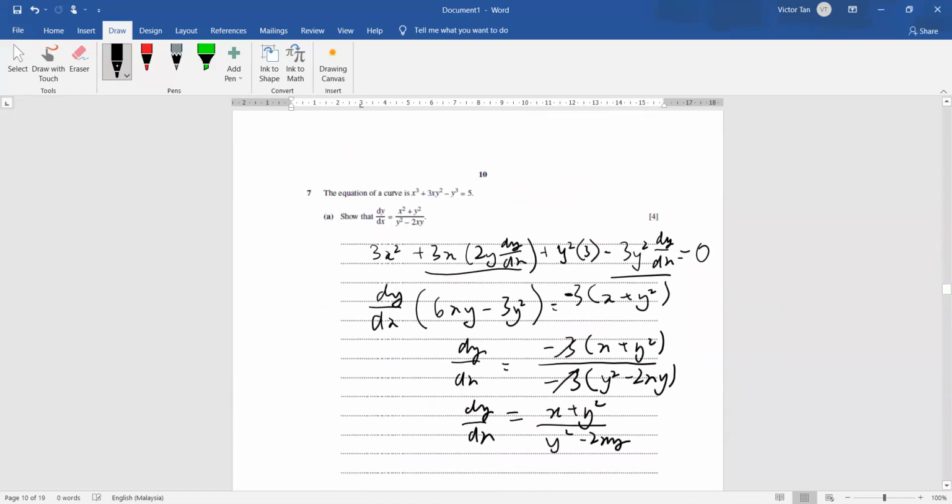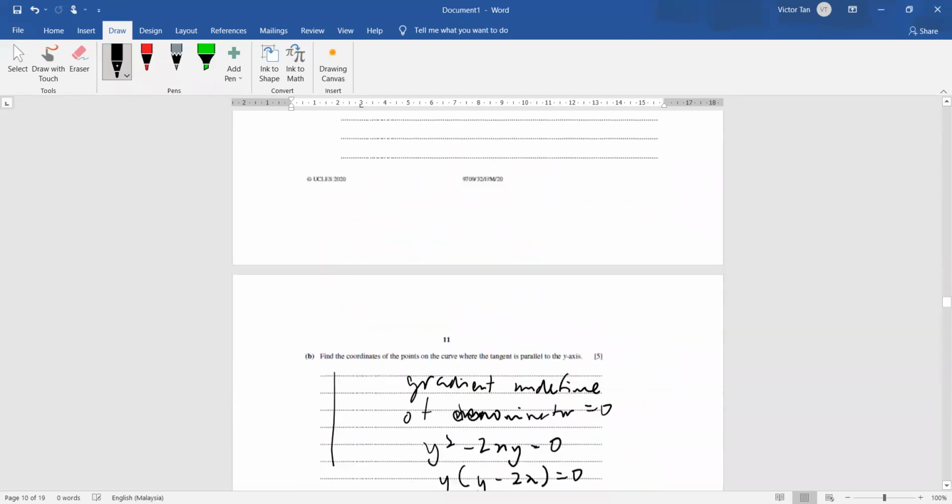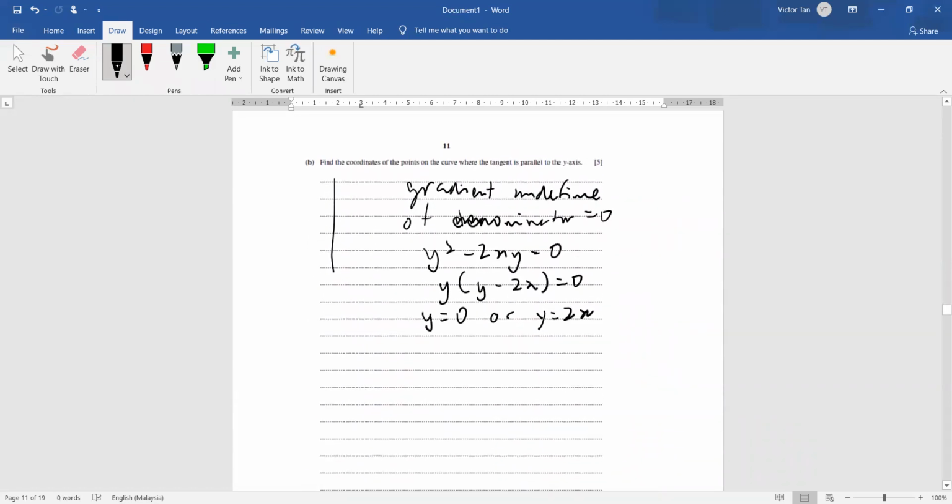Now let's look at y equals to 0 first. Substituting into the implicit function, you have x cubed equals to 5. So this is x equals to cube root of 5. So you have already one solution.